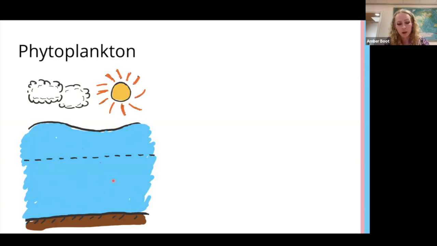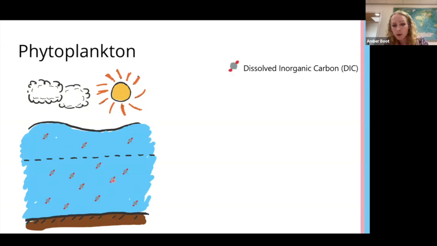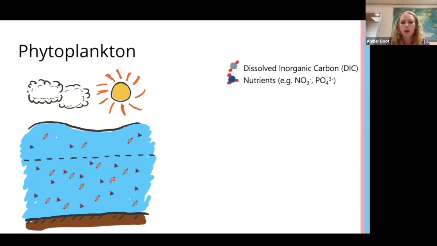In our ocean, we have dissolved inorganic carbon. We've got some nutrients such as nitrate and phosphate, and we've got our phytoplankton. As you can see, the phytoplankton are only in the surface ocean, in what we call the euphotic zone, which is the region in the ocean where sunlight can penetrate. So this is really confined to the upper layer.